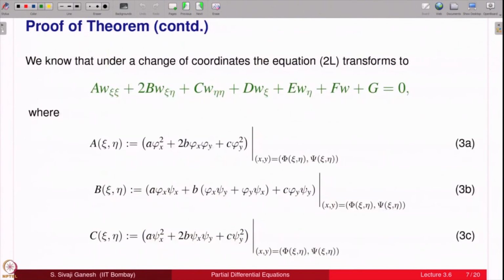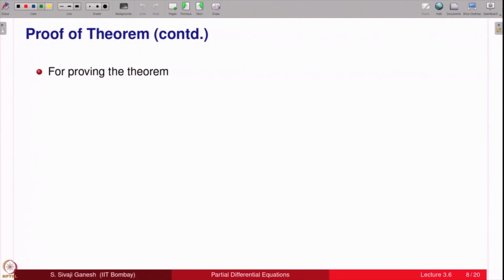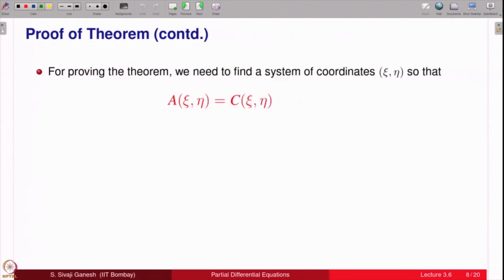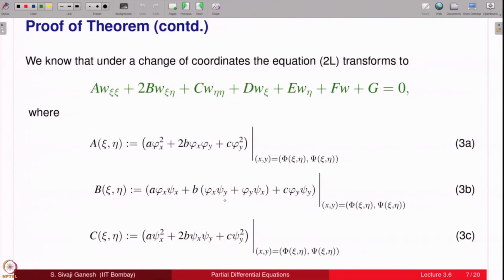And the 2L equation, the second order linear equation, gets transformed to this equation, where the coefficients a, b, c alone are listed here, because they are the only things which are important as far as the type of an equation is concerned. So, what do we need for proving the theorem? We want w xi xi and w eta eta to appear with coefficients 1.